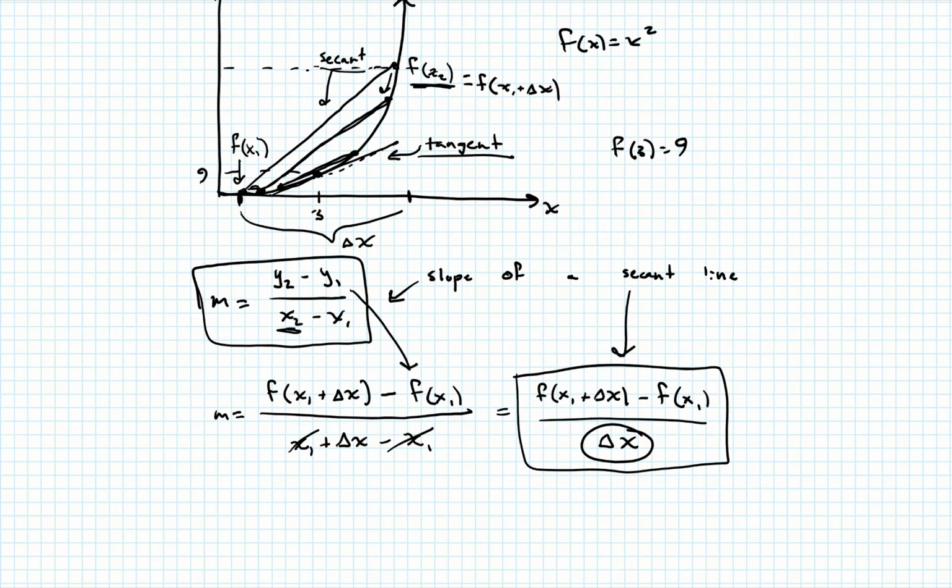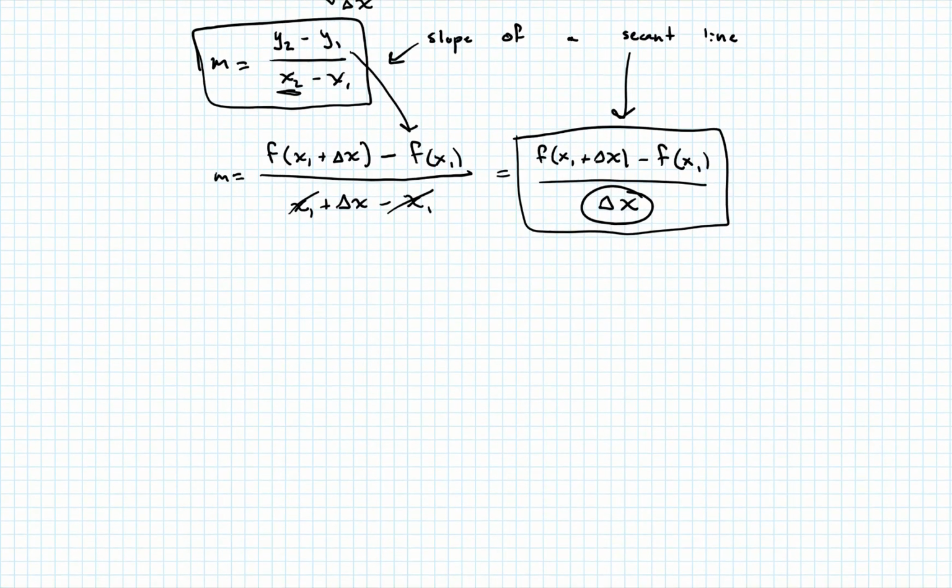And you can imagine as delta x gets smaller and smaller, we're going to get closer and closer to this tangent line. So we can take the limit as delta x approaches, well, what is it going to approach? We want it to get smaller and smaller. So delta x should approach 0.